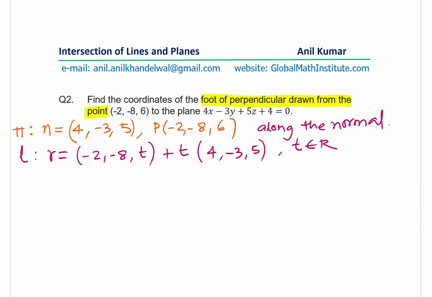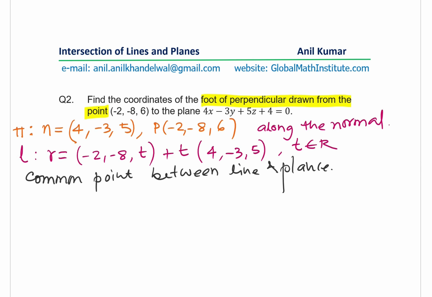And as we did in the last case, a point on this line should be on the plane also, right? So we have a common point between line and plane. And that is the point of intersection. Is that clear to you? So that is what we are looking for, which is this common point.